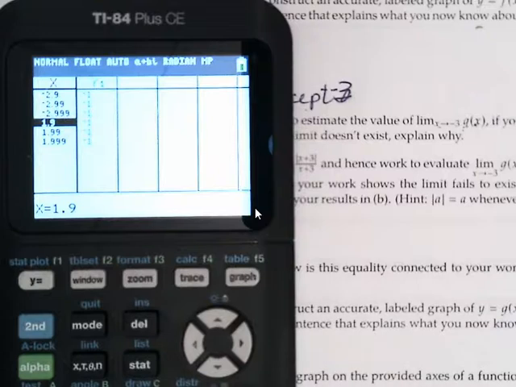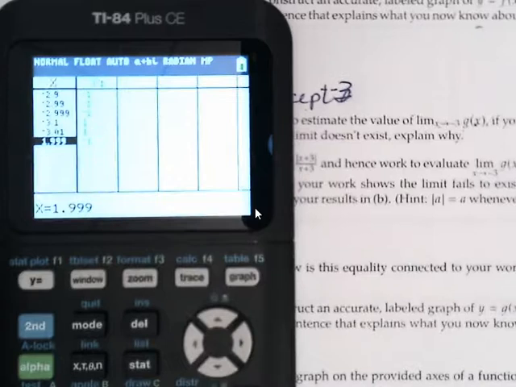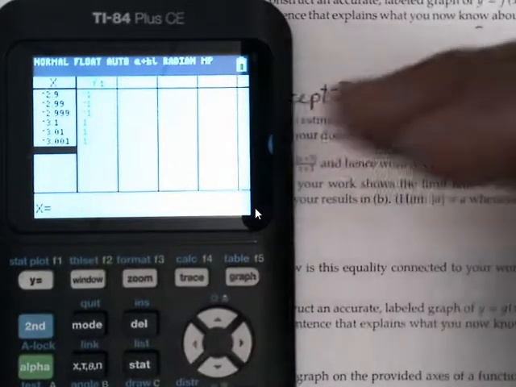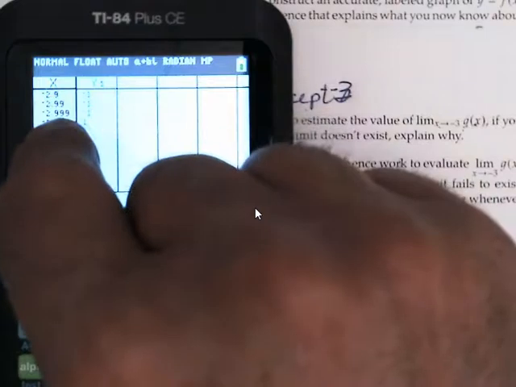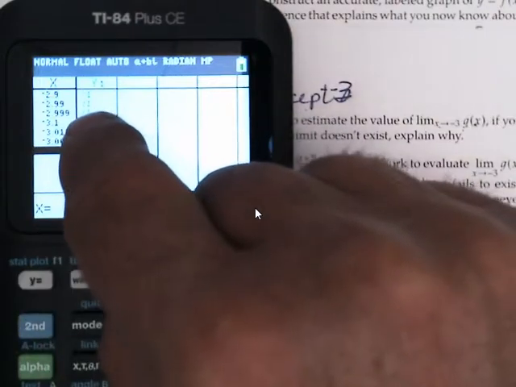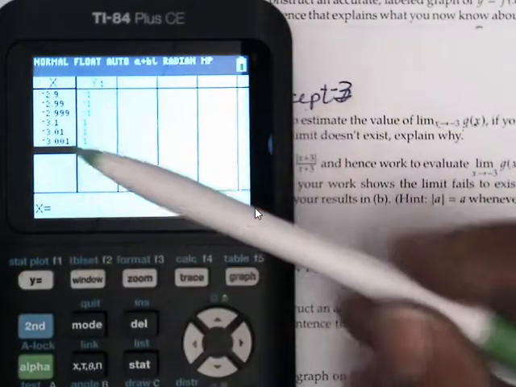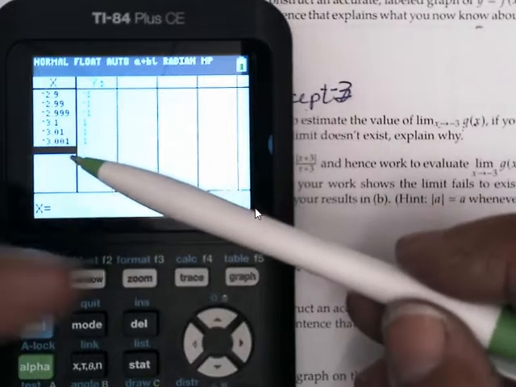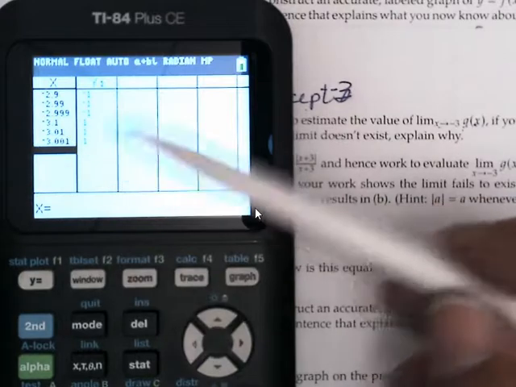So I'm going to try negative 3.1, negative 3.01, negative 3.001. So from the right side, from bigger than negative 3, I'm getting negative 1s. And from the left side, or from the smaller side, I'm getting 1s.